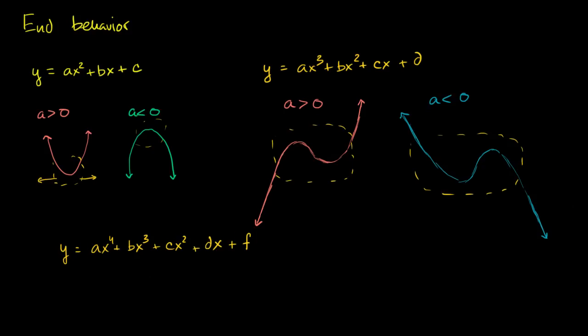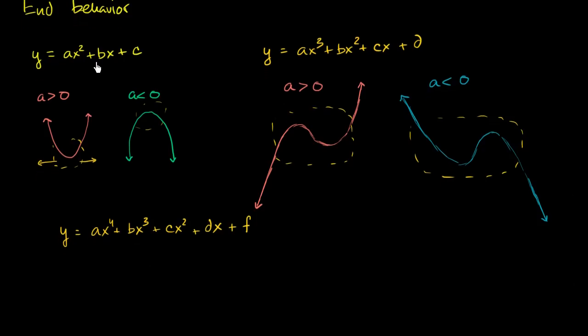Let's think about its end behavior, and we can think about it relative to a second degree polynomial. So if x is really negative, x to the fourth is still going to be positive, and if a is greater than 0, when x is really negative, we're going to have really positive values, just like a second degree.